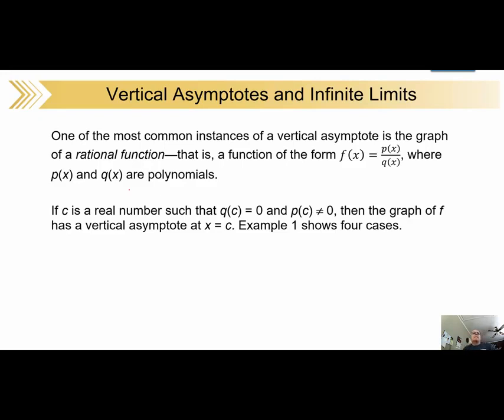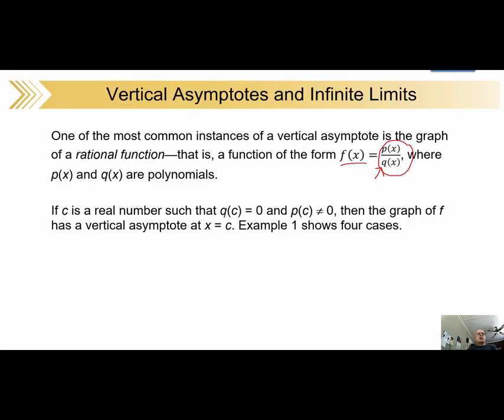So this is a little bit of a general thought on the whole thing. Usually you have vertical asymptotes when your function is a rational function. That means there's a function on the top and a function on the bottom of your rational expression, your numerator and denominator.